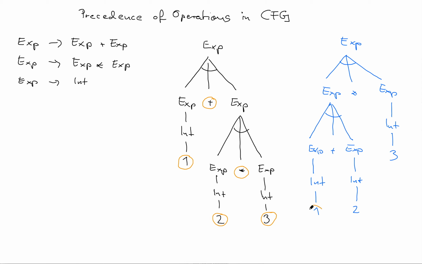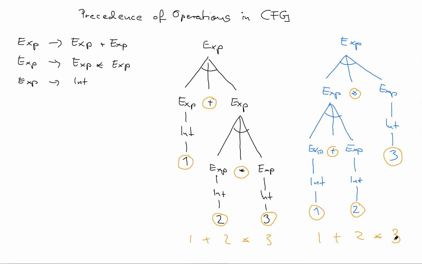And in the blue tree on the right, if you go through the tree, depth first, 1 plus 2 times 3. So in both cases, the string is 1 plus 2 times 3.